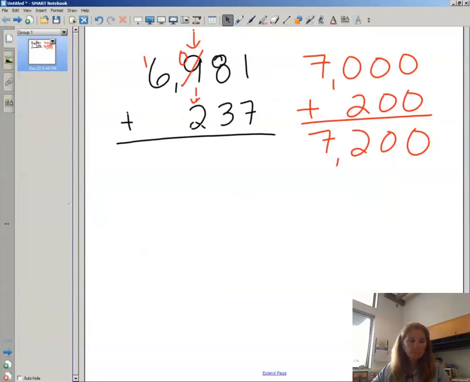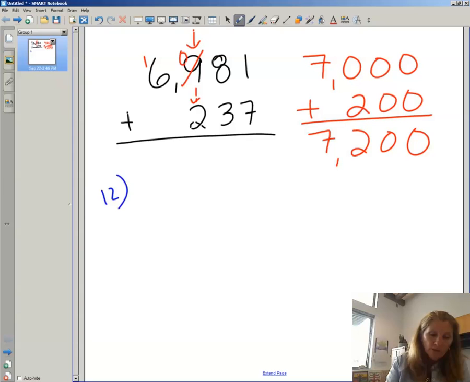Okay. Any of these I can do. They're just like the last set. It's just the vocabulary that makes a difference. But let's say I'm asking you to round to the thousands. So I'm going to do a problem similar to number 12.